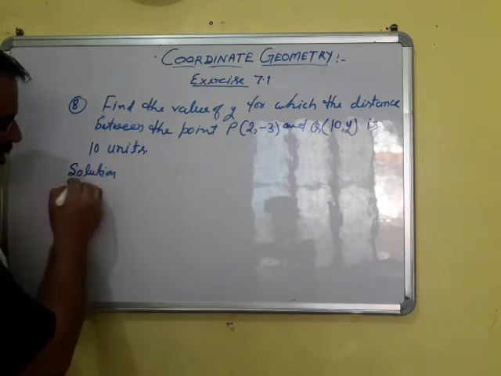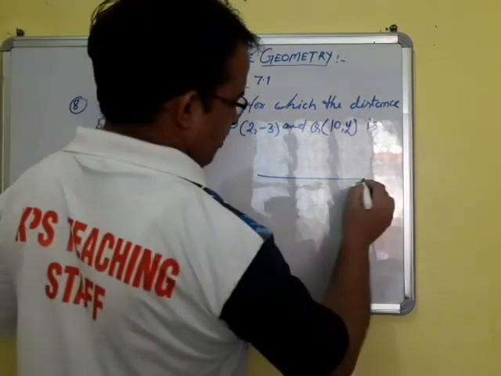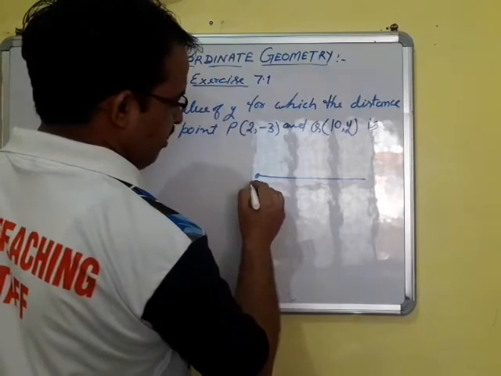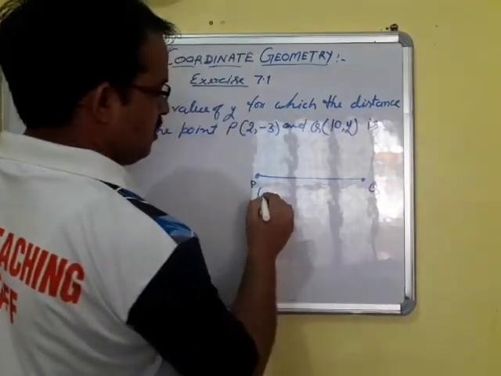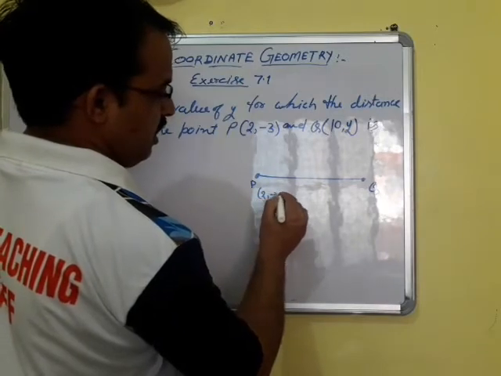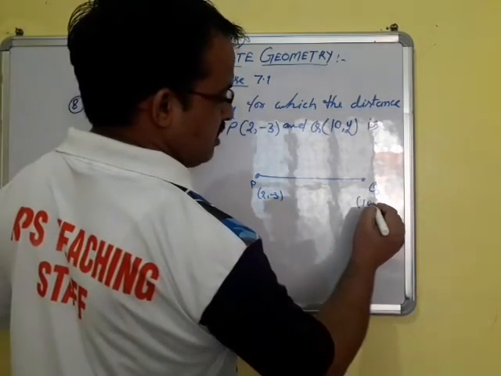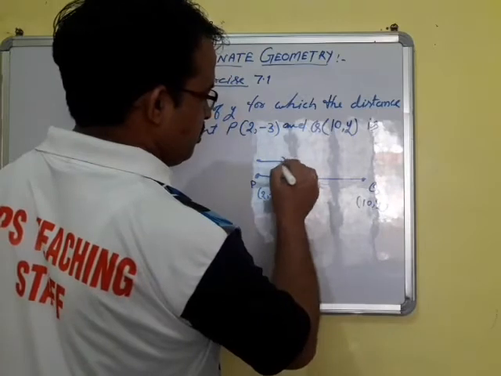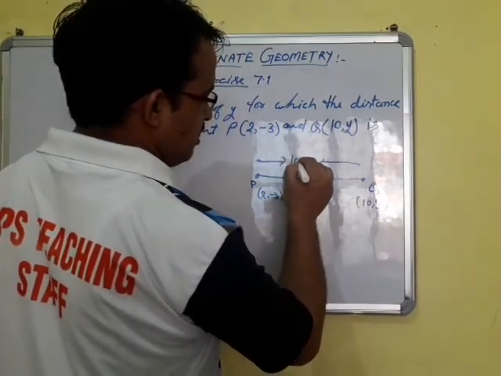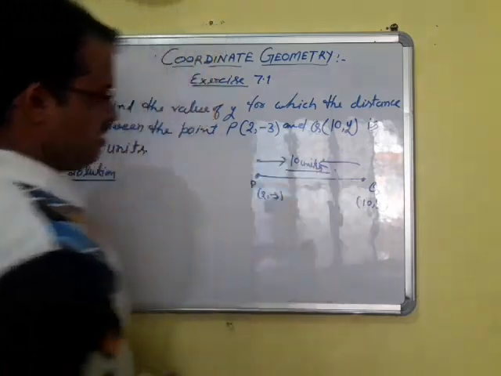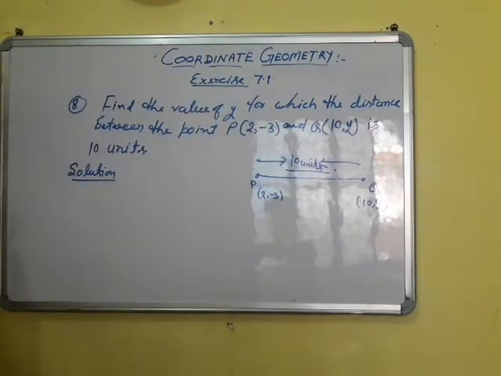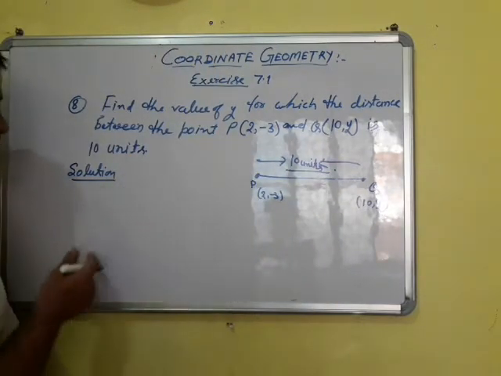If they give two points, here point P and point Q, with P as (2, -3) and Q as (10, y), and the distance between them is 10 units, then use the distance formula.